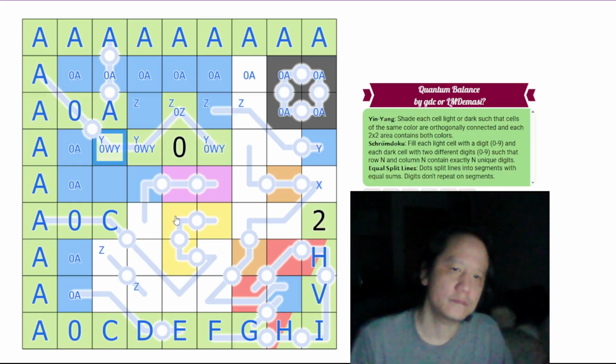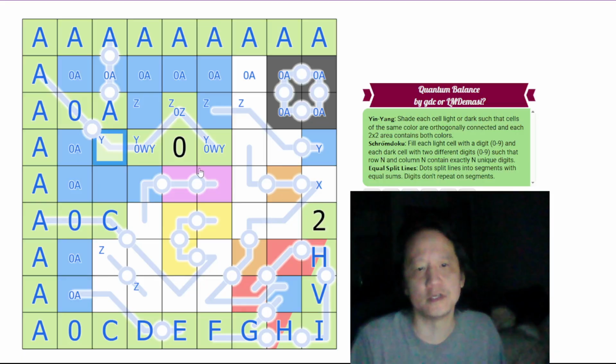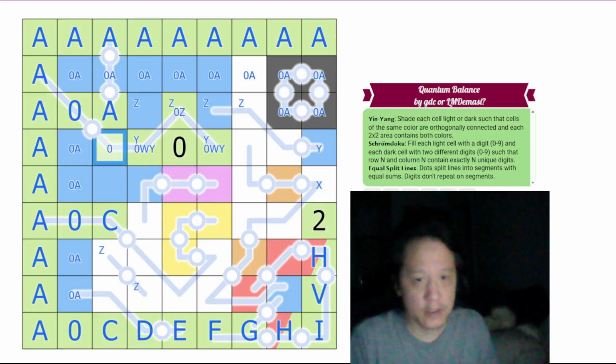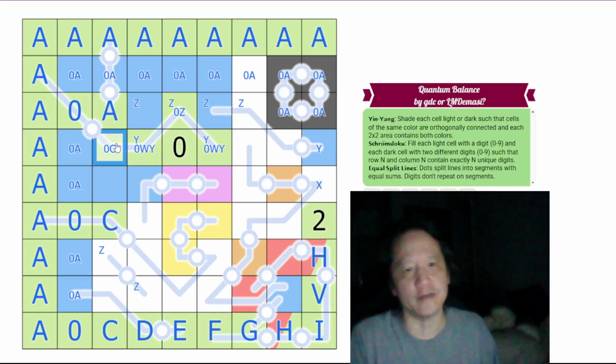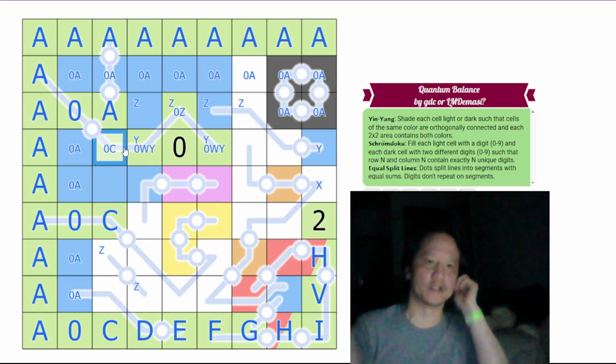This can only be 0, A, or C. It could be 0 or C here. So we don't know what Y is. This could be 0 or C. So the Schrodinger really makes things really strange.